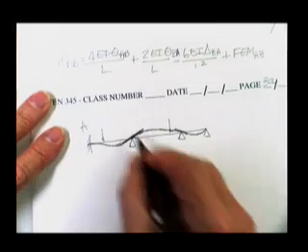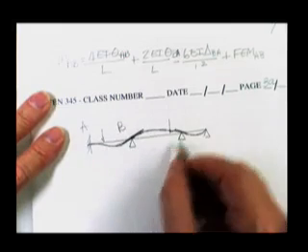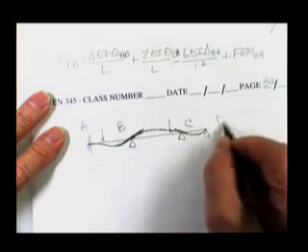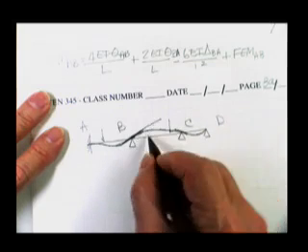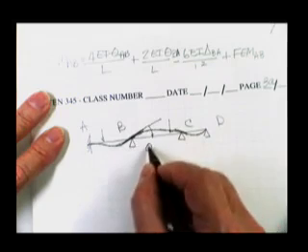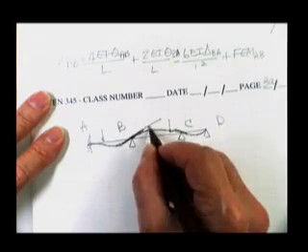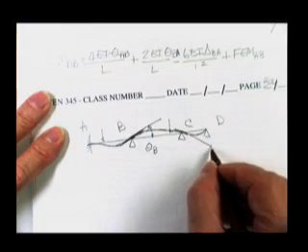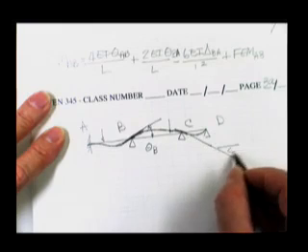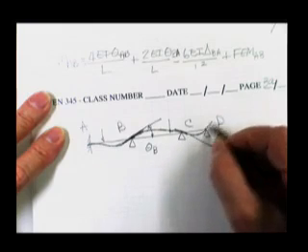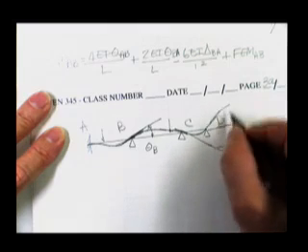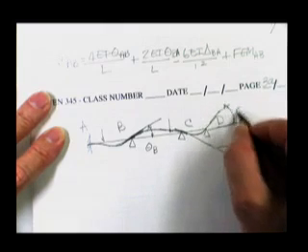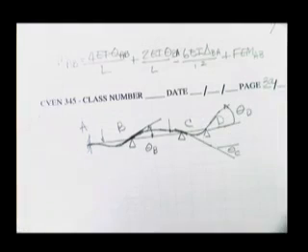If this is point A, and this is point B, and this is point C, and that's point D, what I say I don't know is theta at B, theta at C, and theta at D, as opposed to the reactions.